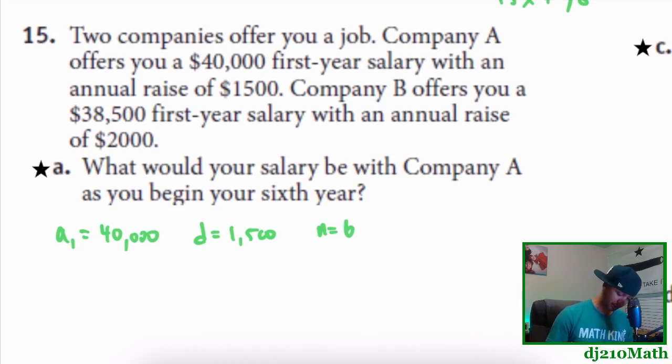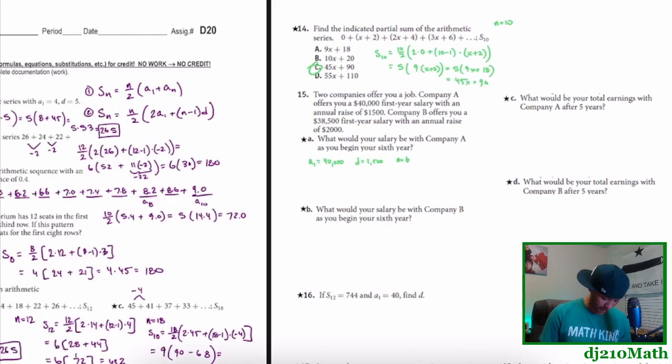Okay, so we got, all right, so just note this isn't a series problem, right? We're not adding up every year. This is a sequence, a geometric sequence problem. Actually, were any of these?